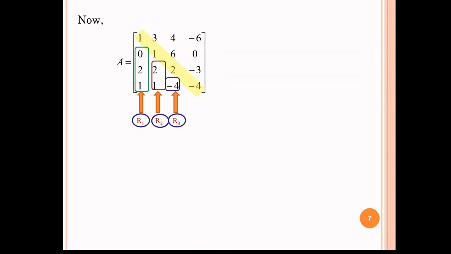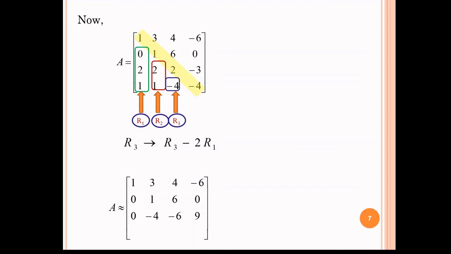The very first row transformation will be on R3, because R2 we don't need to change, it already has a 0 in it. So we change R3 using R3 minus twice R1, so that we get 0 there. First row as it is, second row as it is, and the third row we get as 0, minus 4, minus 6, 9.